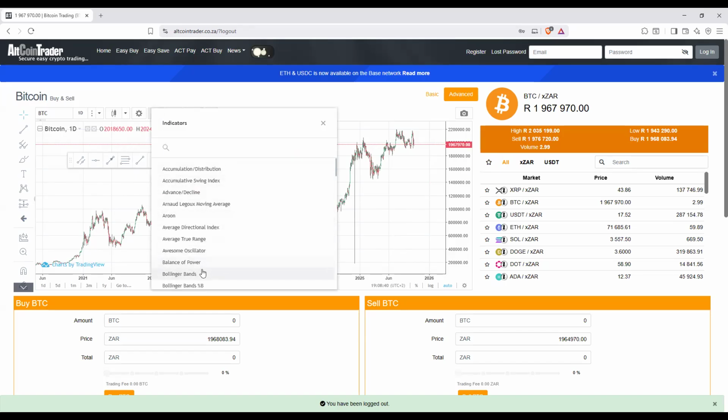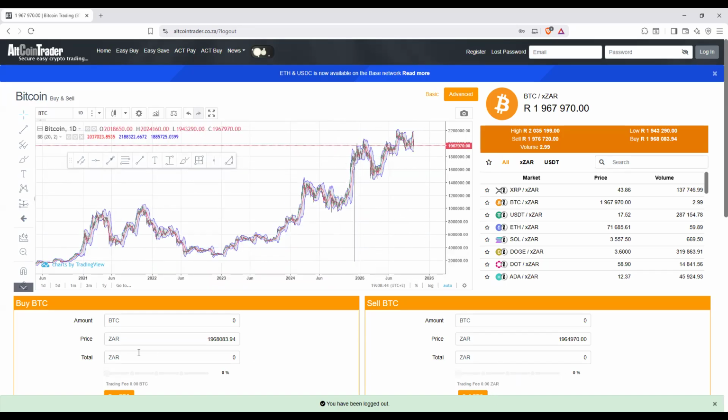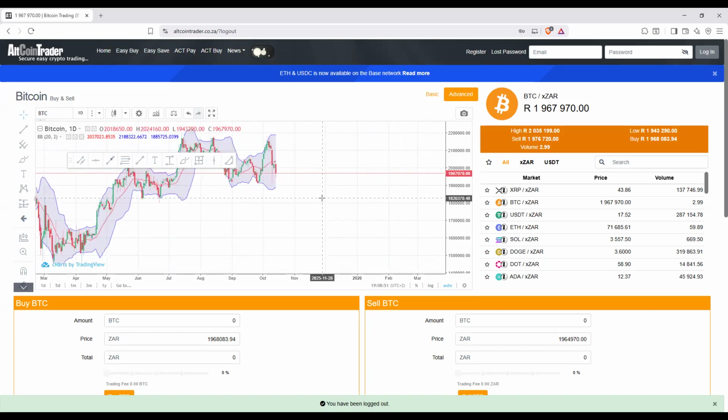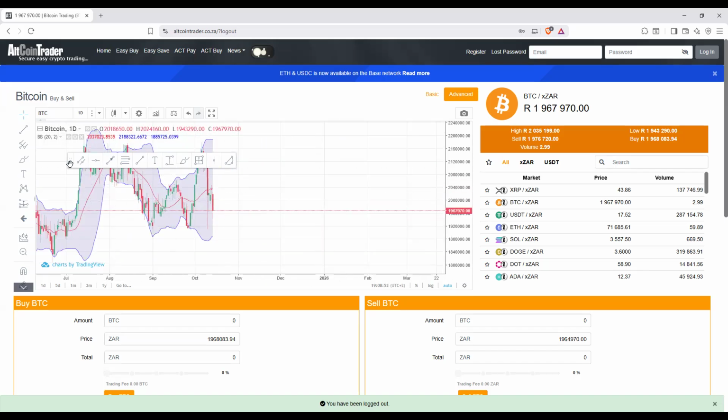The first tool we started using, besides understanding buying and selling, was the Bollinger Bands. I'm just scrolling the mouse forward to zoom in on the current markets.